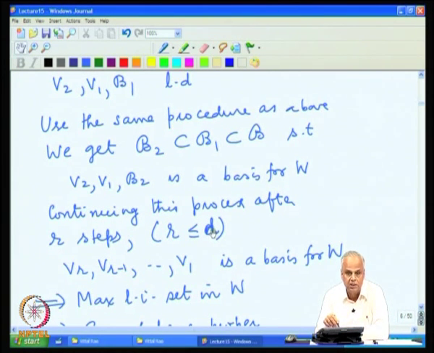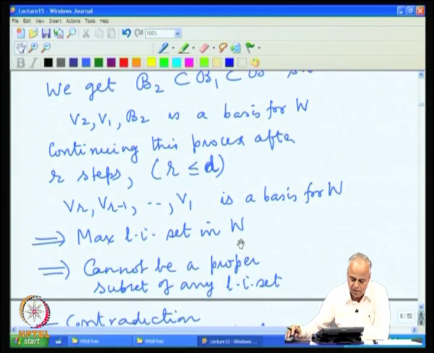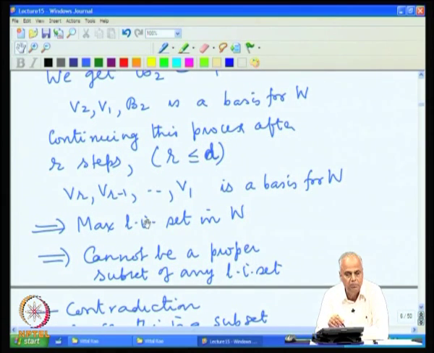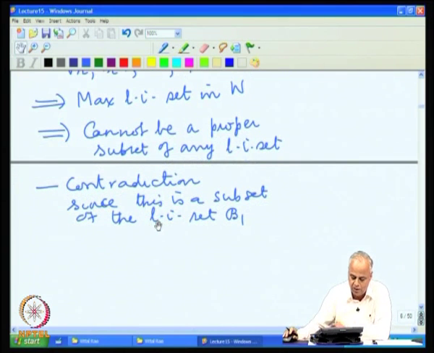So, in less than d steps we might have knocked out all the vectors. So, in at most d steps we would have got a basis consisting of at most d of the V vectors, and since it is a basis it has to be maximal linearly independent. It cannot be a proper subset of any linearly independent set, but it is a proper subset of the linearly independent set B1, which gives us a contradiction.